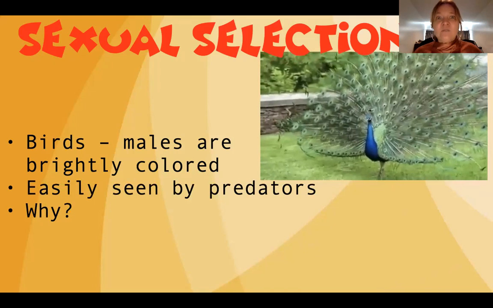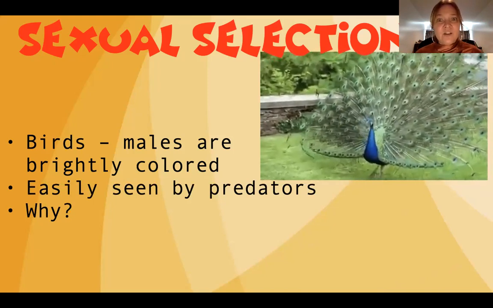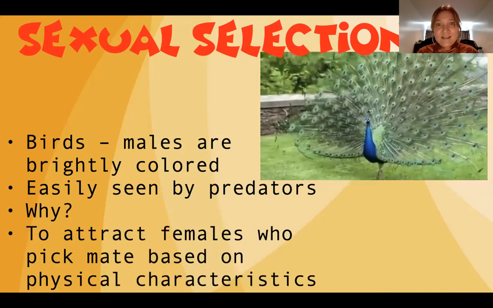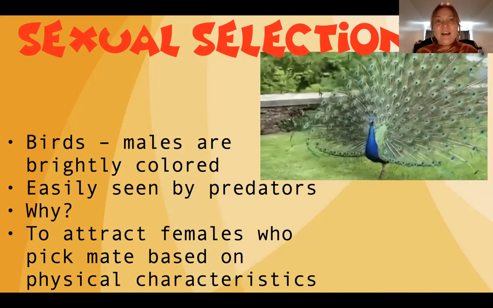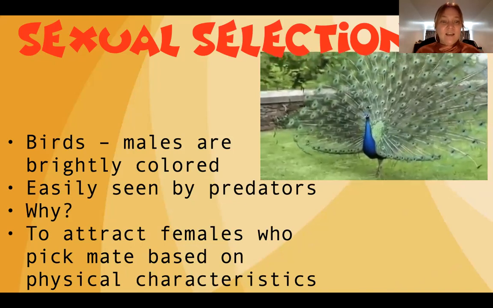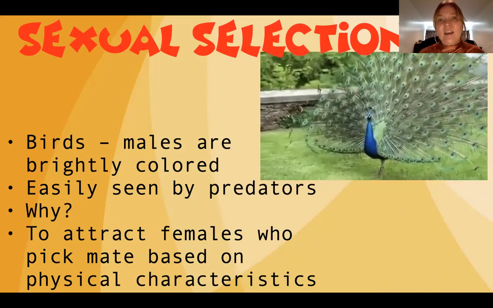There has to be a reason why this particular trait was allowed to evolve over such a long period of time. And that is because this is the sole criteria that female peacocks use to select mates. The females are going to pick a mate based on physical characteristics.